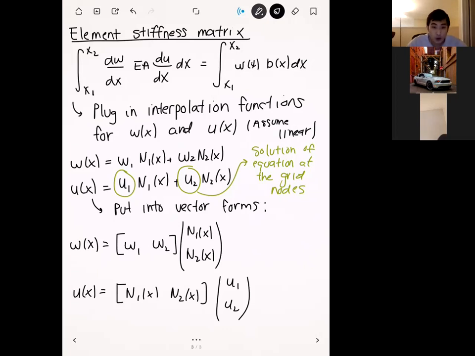If you perform the vector-vector multiplication for these, you end up with the exact mathematical expression that you have above.